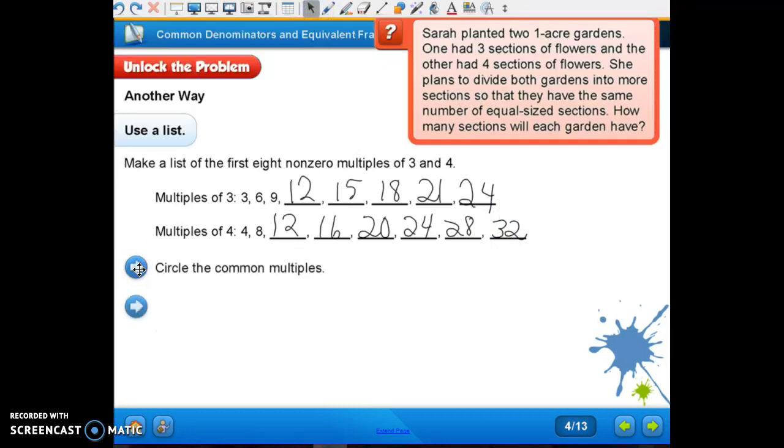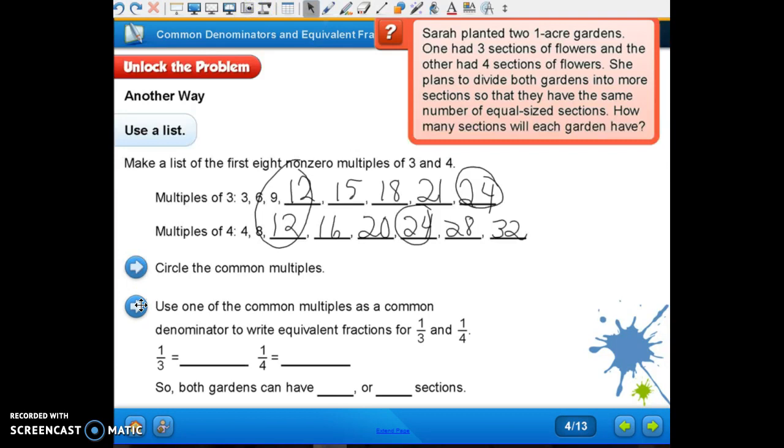Circle the common multiples. 12. Here's 12 and 12. Were there any before that? No. Are there any after that? Yes. 24. So 12 and 24. Use one of the common multiples as a common denominator to write the equivalent fractions for 1/3 and 1/4.